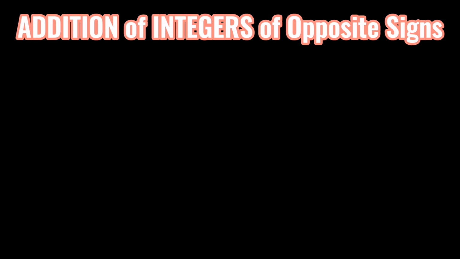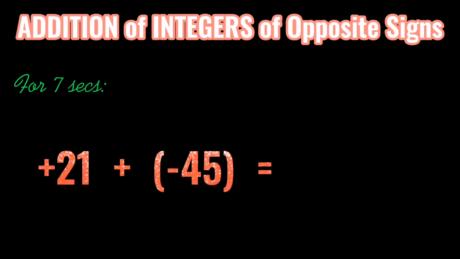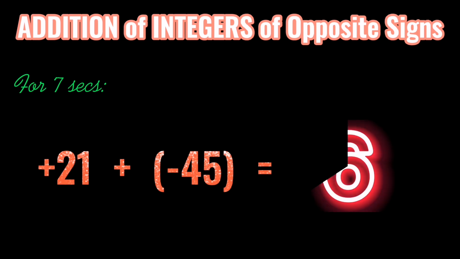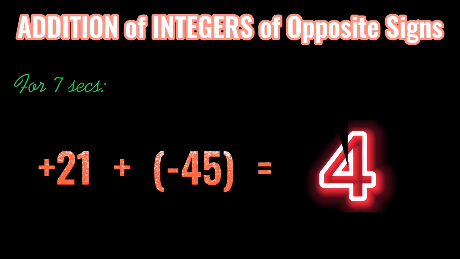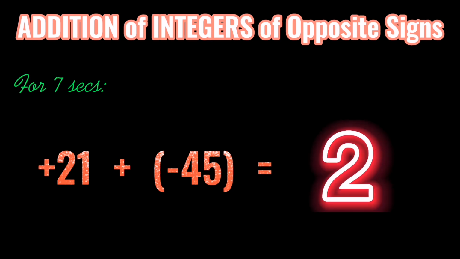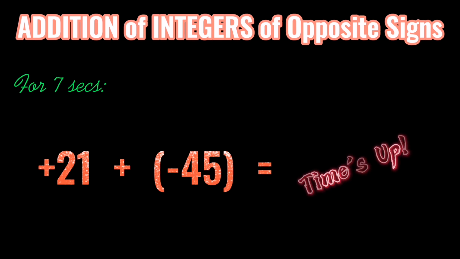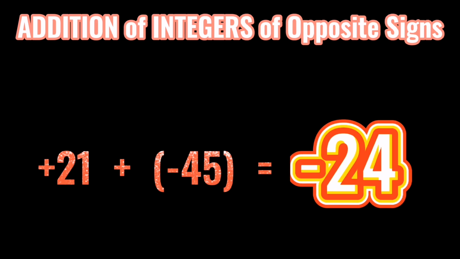Now let's answer this. For 7 seconds, positive 21 plus negative 45. Go. Okay, time is up. Correct answer is negative 24. That is 45 minus 21, that is 24. And 45 has the higher absolute value and therefore negative.